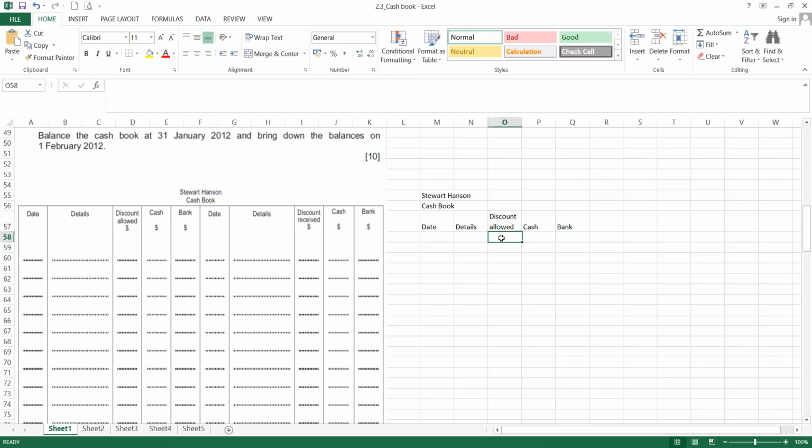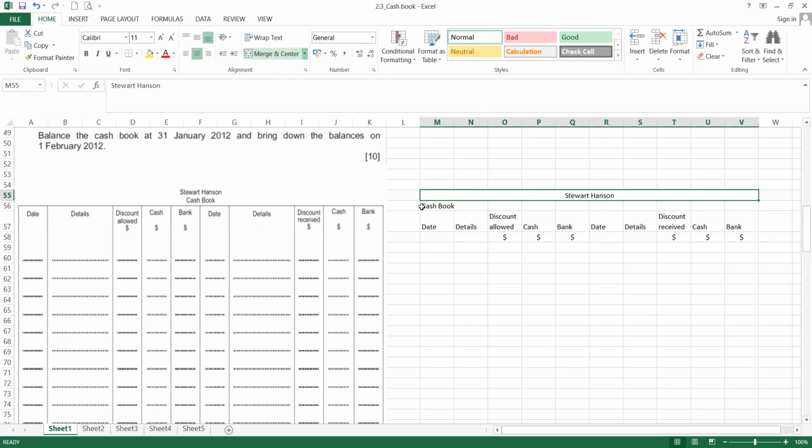Another side also the same. So we just put in the debit side first. After that, we will move to the credit side. So it's a copy and paste. But the only thing is that the discount, I have to change it to discount received in the credit side. So the format, we have already done.